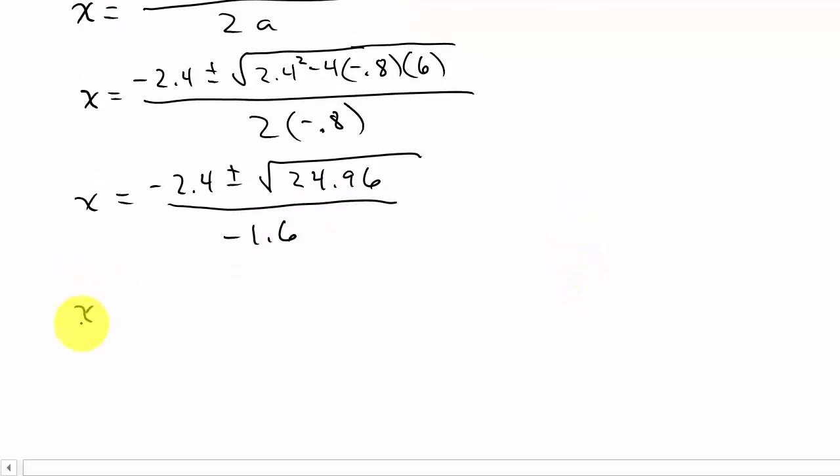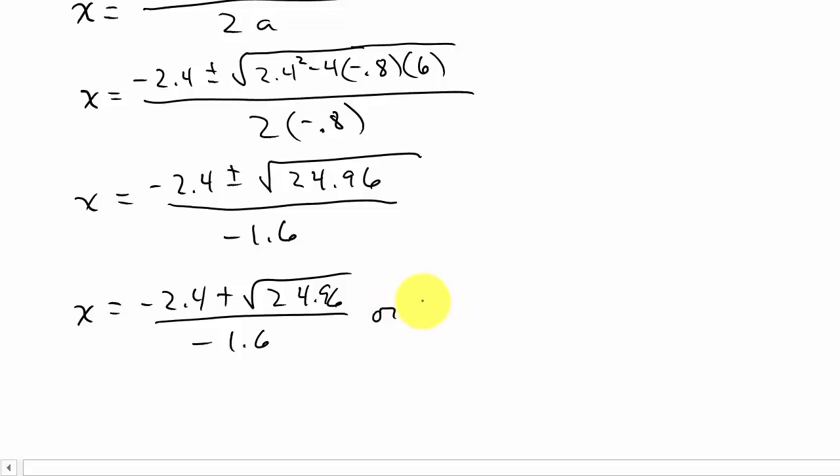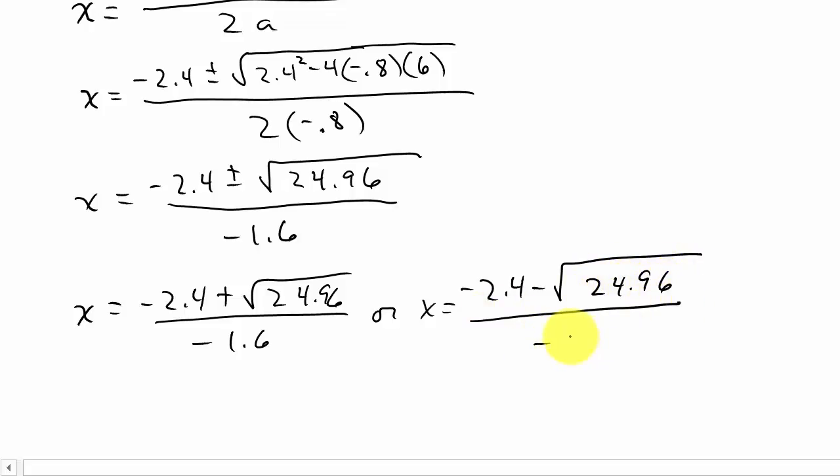So we get x equals negative 2.4 plus the square root of 24.96 over negative 1.6, or x equals negative 2.4 minus the square root of 24.96 over negative 1.6.